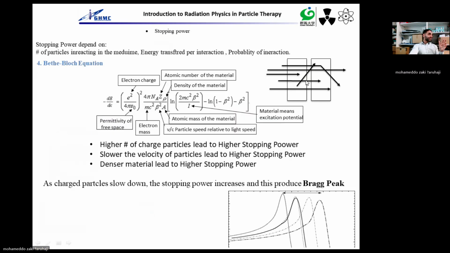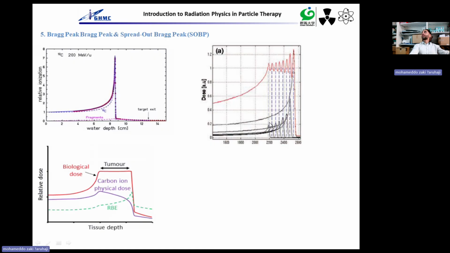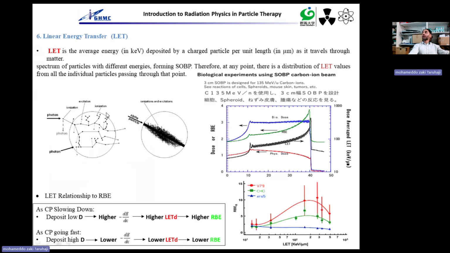In this volume, I need this material to have this much thickness to stop this amount of energy. Now I am calculating the stopping power. When I go, particles are depositing this energy in this volume. This is LET.